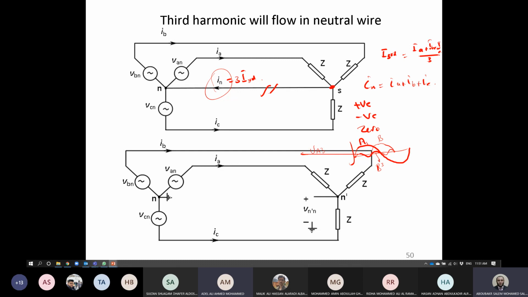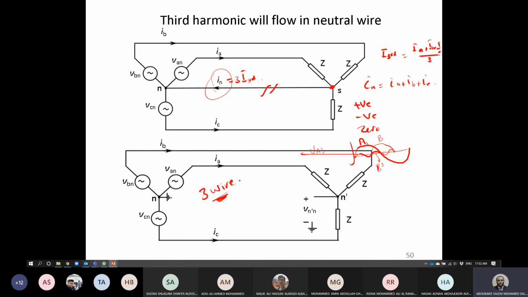So it's prevented from moving in the windings because it's an open circuit now. The path of the third harmonic component is now 0. For that, we have 0 third harmonic current flow in a 3-wire system, and also in delta connected systems.